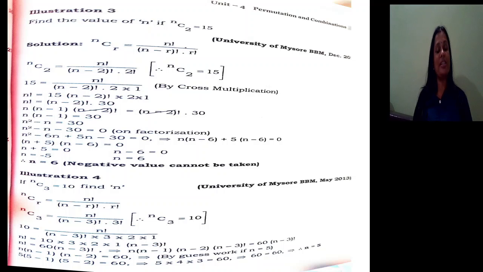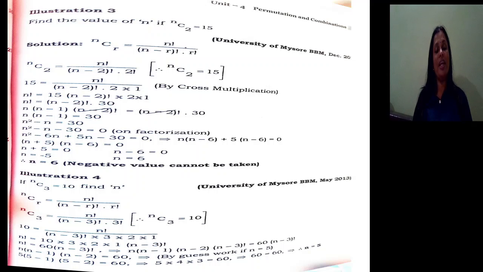So on factorization, to arrive at minus n, we need to deduct 5n from 6n. So minus n is equal to minus 6n plus 5n; minus 30 is equal to 0. So we have n into (n minus 6) plus 5 into (n minus 6).